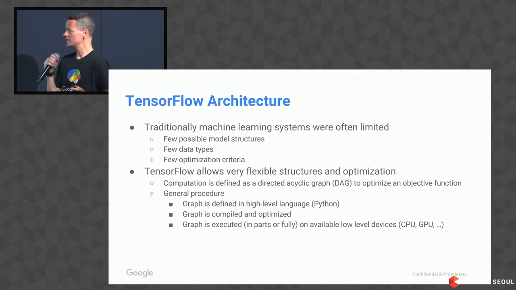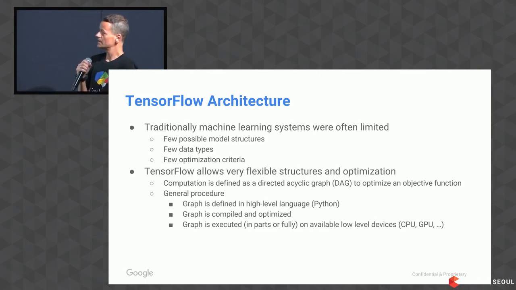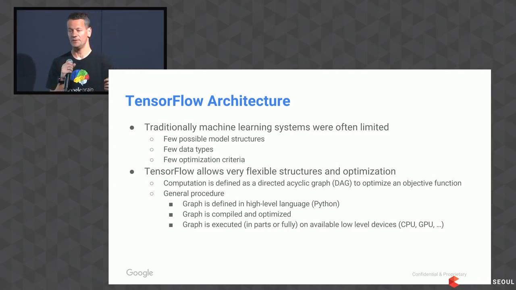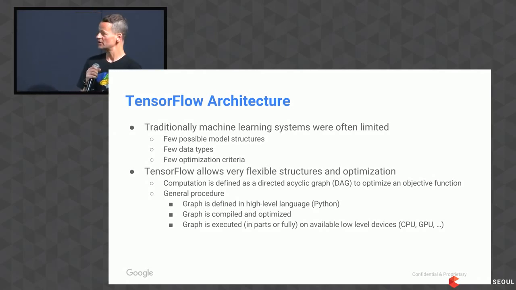A little bit more about the TensorFlow architecture. Traditionally, machine learning systems were often limited and built for a specific case, right? So you had few possible model structures. And I'm sure that if there are researchers in this room, they have built and written code for a very specific structure, for example, for recurrent neural nets, or for convolutional nets that can only do classification of images, and so on, right?